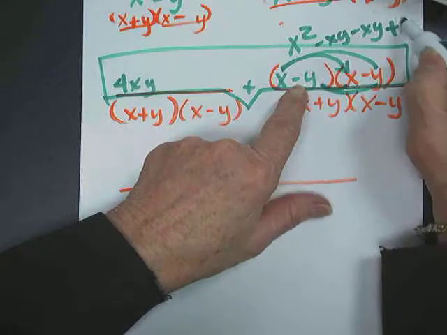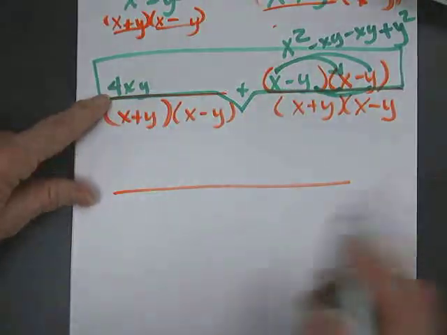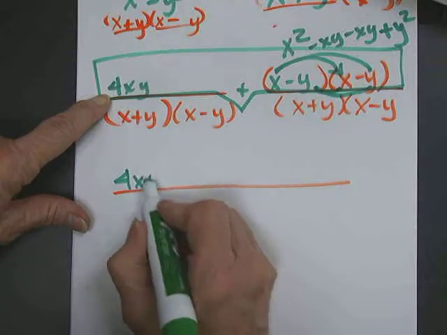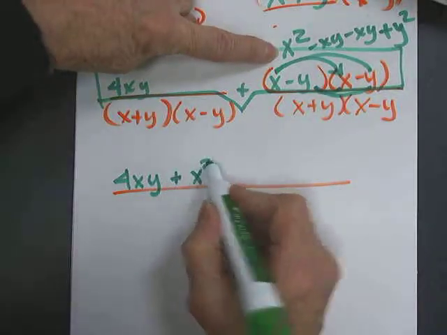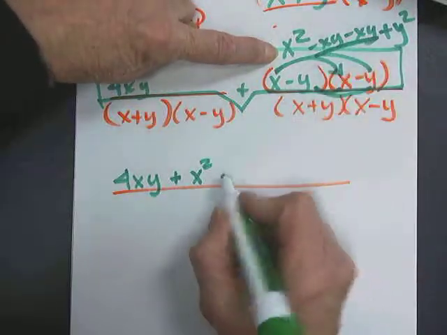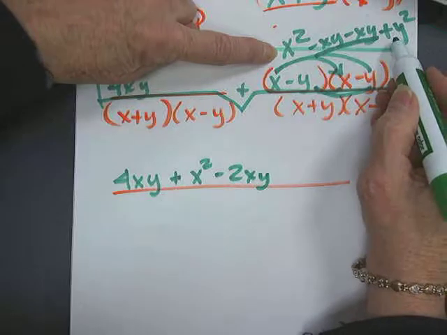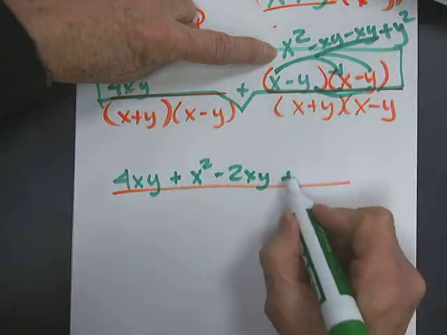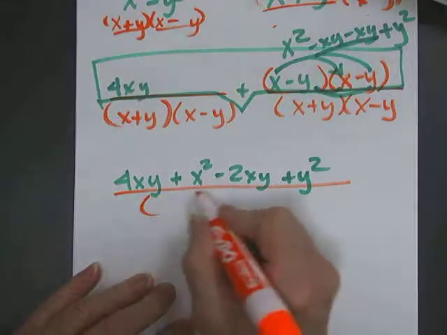Here's x squared. Outside, minus xy. Right? Inside, minus xy. You can't forget this stuff, you're using it. You had to learn it last chapter, you gotta use it. Minus y squared. Plus y squared.